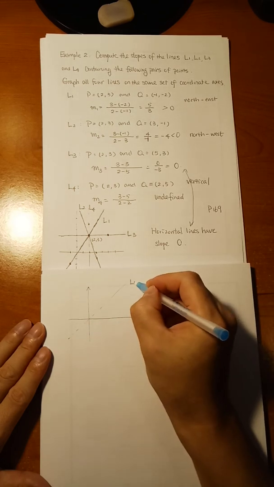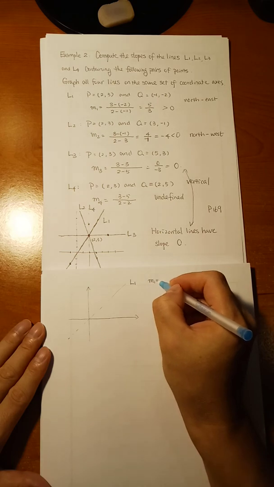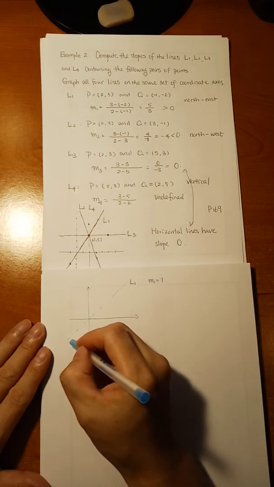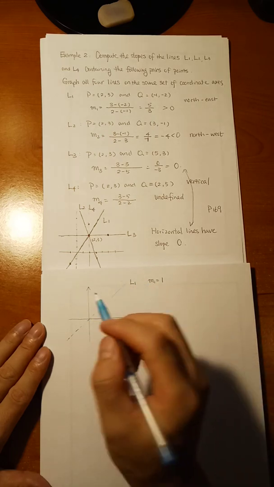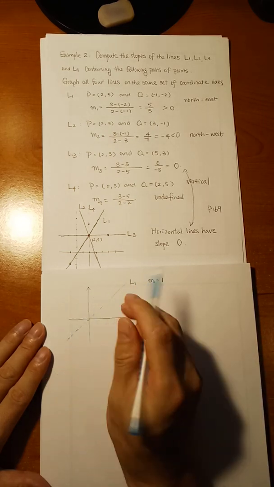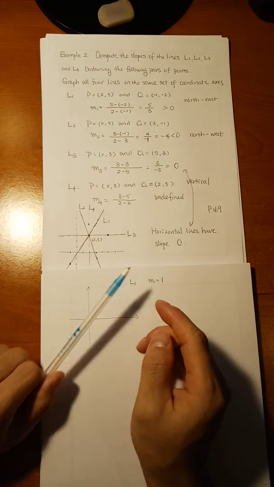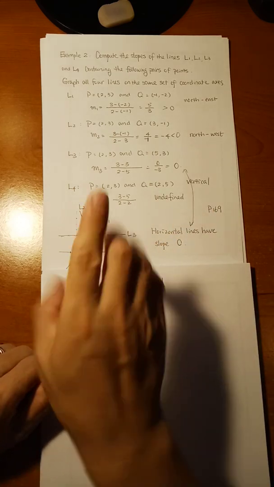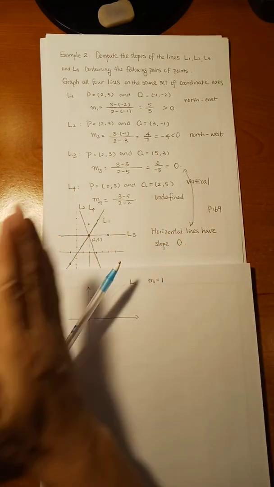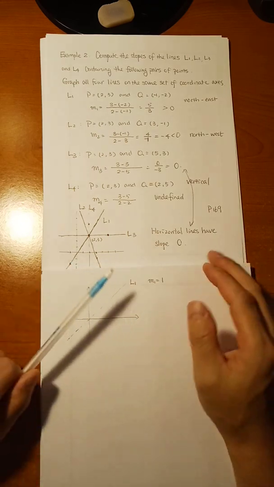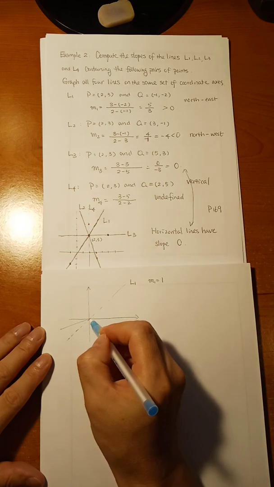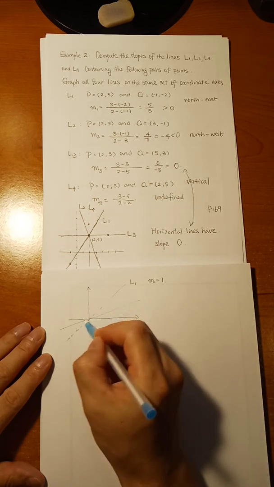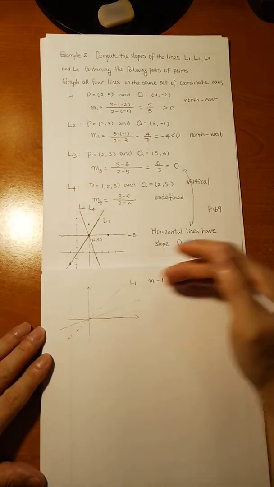For example, this L1, assume its slope is 1. It's the diagonal of the first and third quadrant, and it has positive slope because it's turning northeast.